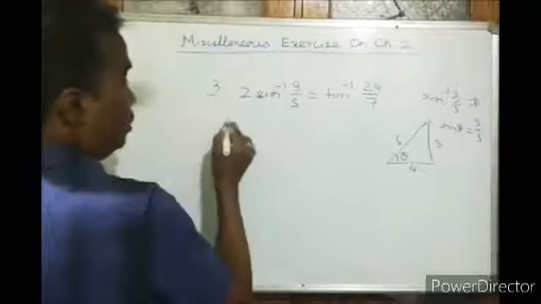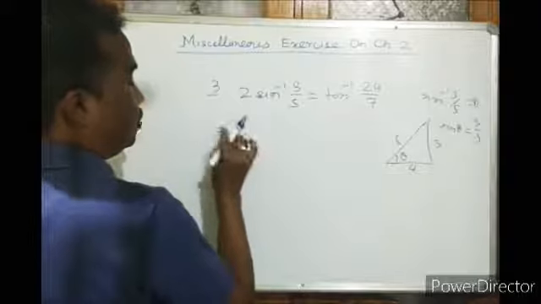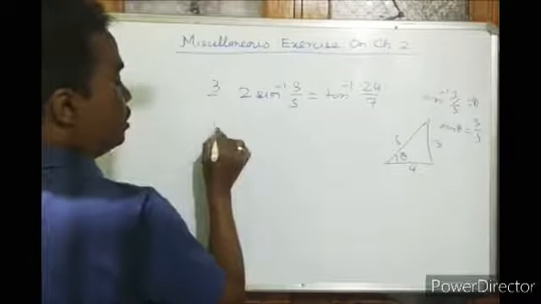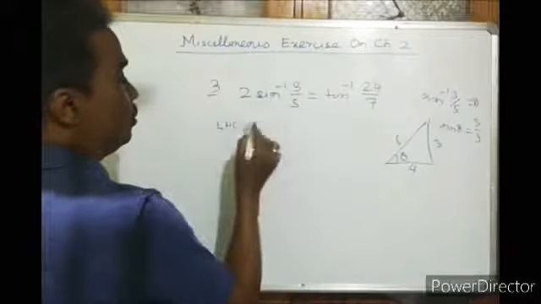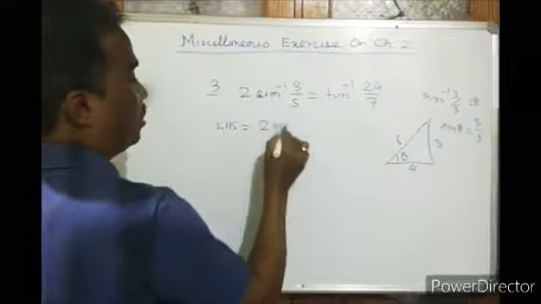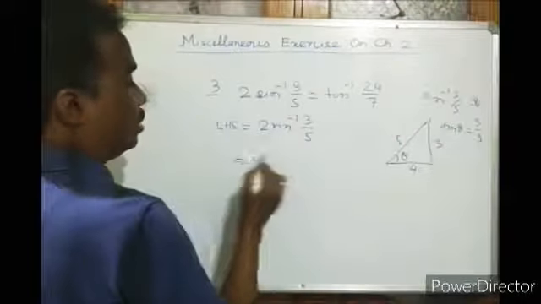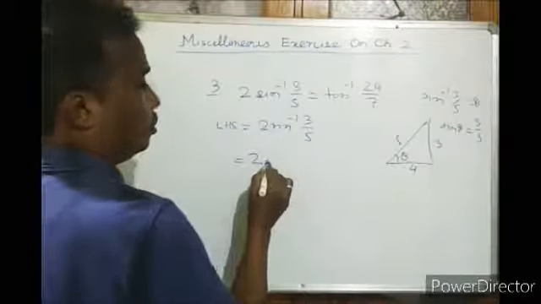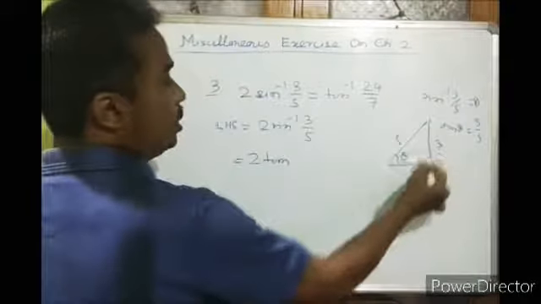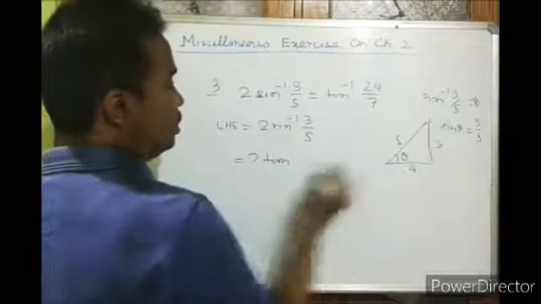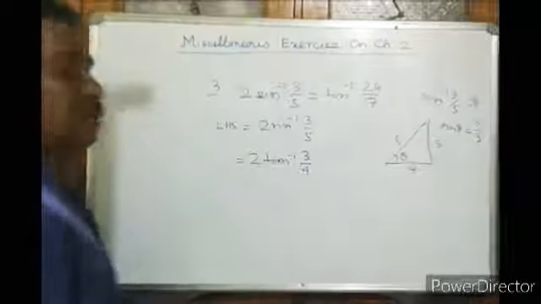So we have to prove this one. LHS is equal to 2 sin inverse 3 by 5, which we can write as 2 tan inverse, perpendicular by base, that is 3 by 4. We can write 2 tan inverse 3 by 4.